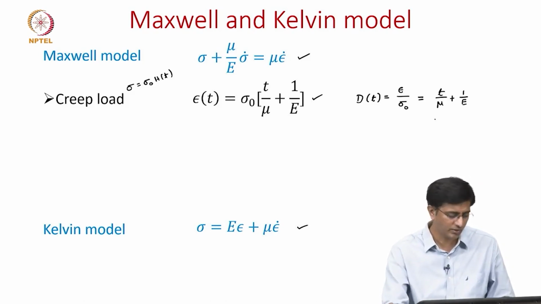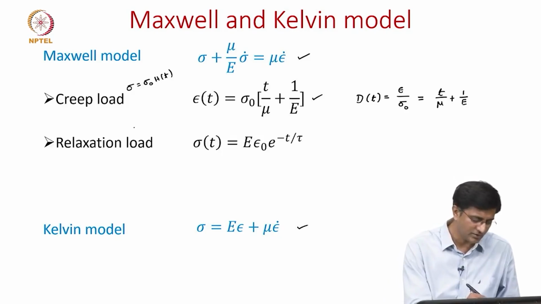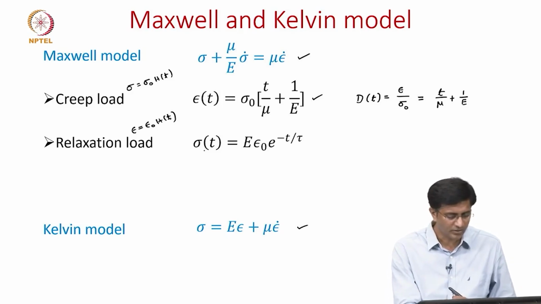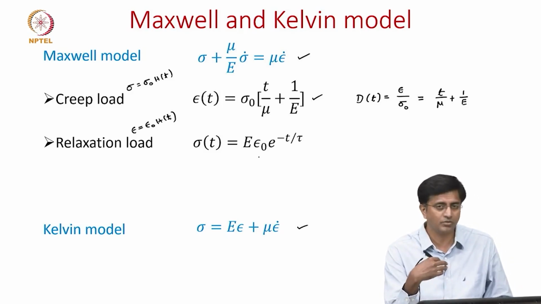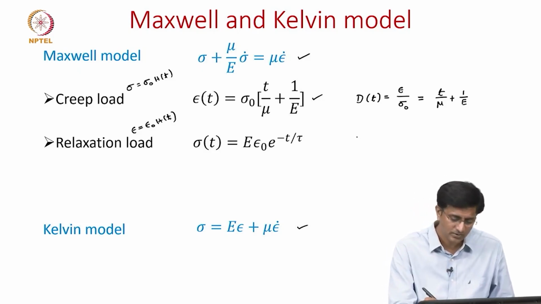Then when we looked at relaxation load, when we said the strain is fixed, then we got the stress response which is given here. Again, for relaxation loads we usually talk about the relaxation modulus.